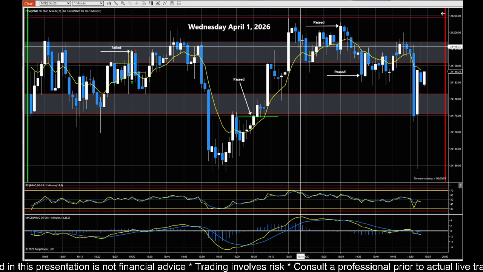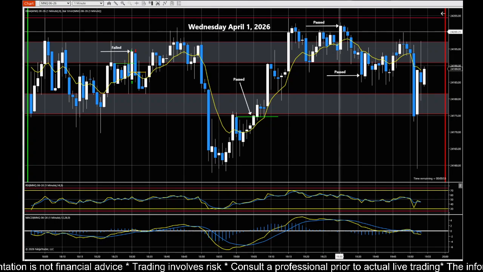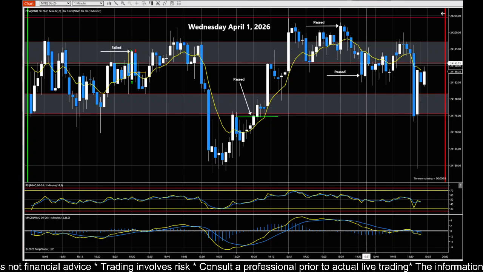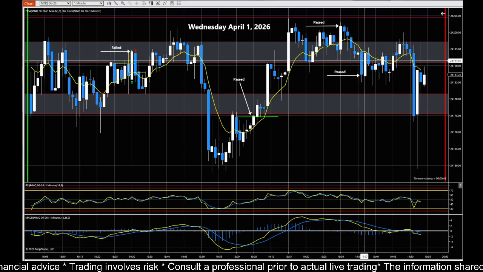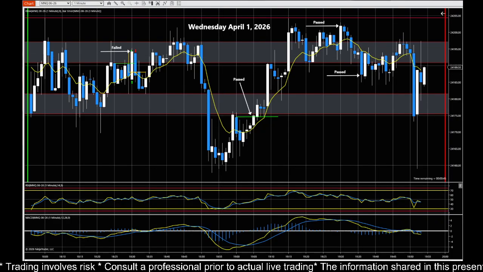Now you come up here and you're back in the wobble, so you didn't take this because it's in the wobble, right? And then you didn't take this because it's all up in the wobble. So you didn't take a trade at all. But if you didn't take a trade, you did better than me, because you kept your money in your pocket, and I threw mine away.